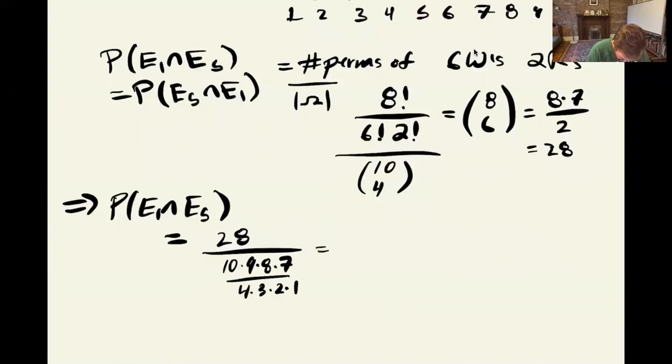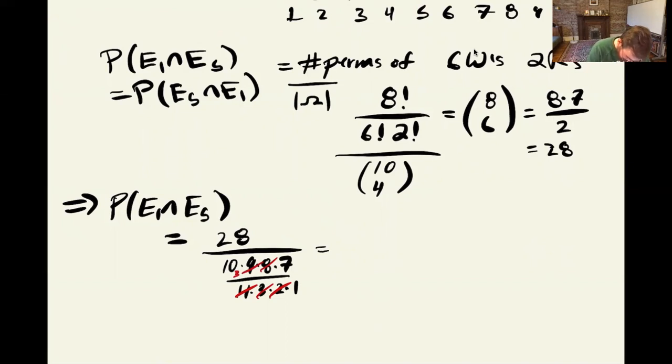All right, so let's keep working here. Let's cancel away the things that we can. So 4 and 2 goes to 8, 3 goes into 9 3 times. And I think that is basically it for the denominator.